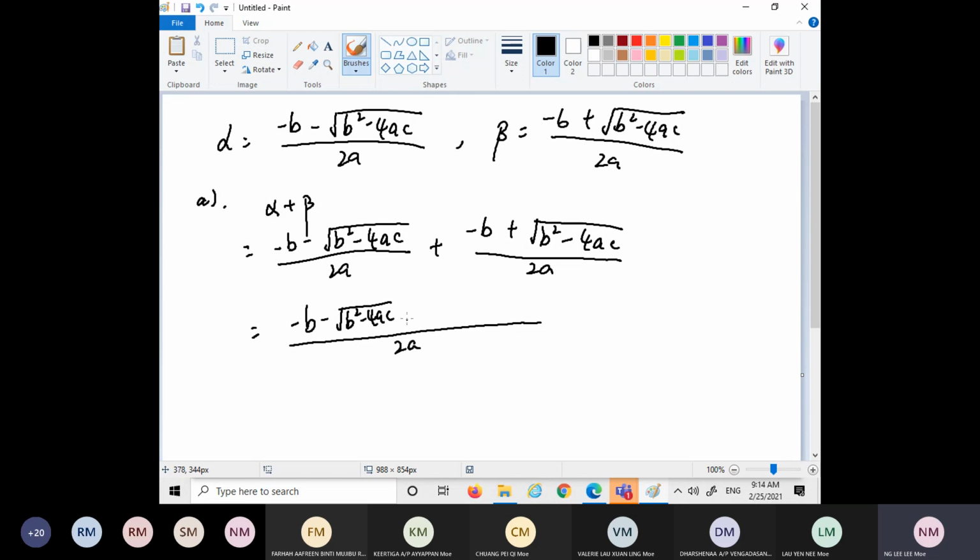Because this is plus, the sign just remains. Next, you can simplify this. You see minus this and plus this, so this whole term you can get rid of. So negative b minus b is negative 2b over 2a. The 2 can cancel, therefore you get negative b over a. This is the one that you want to show, then you write shown. So this is for part A.